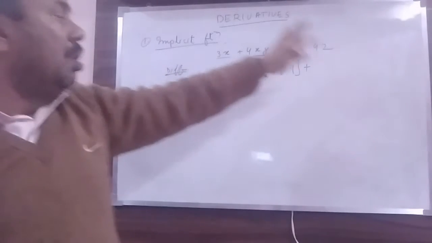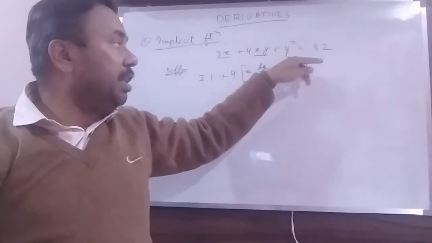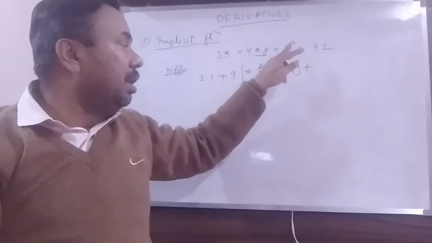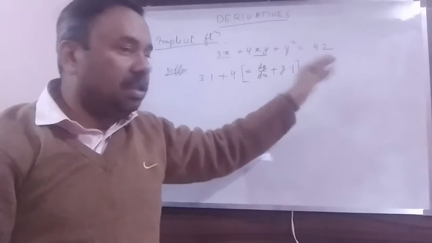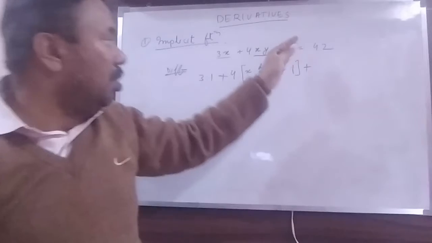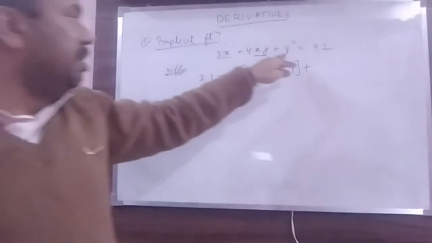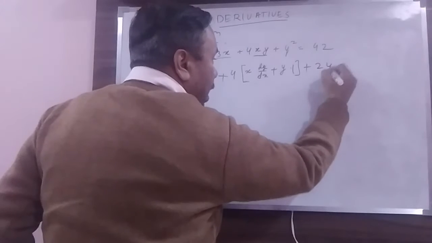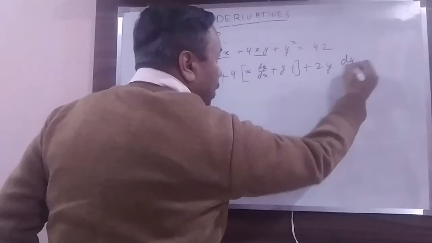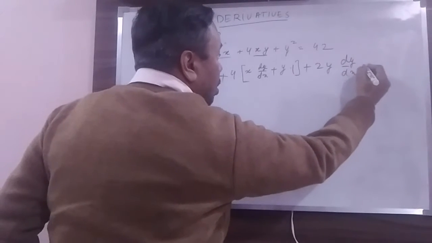Plus y square, which I differentiate assuming y as the variable, so it will be 2y and then dy by dx also.